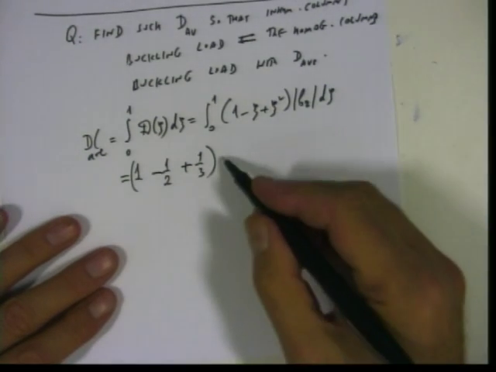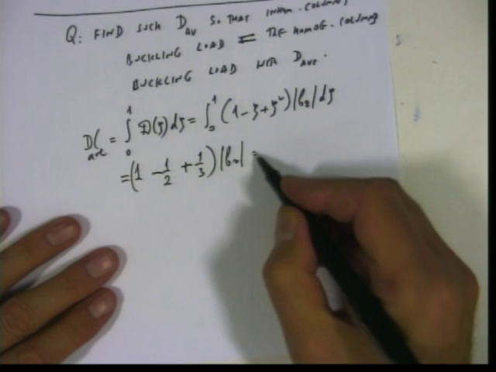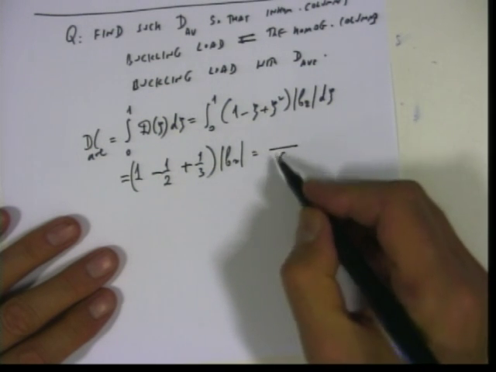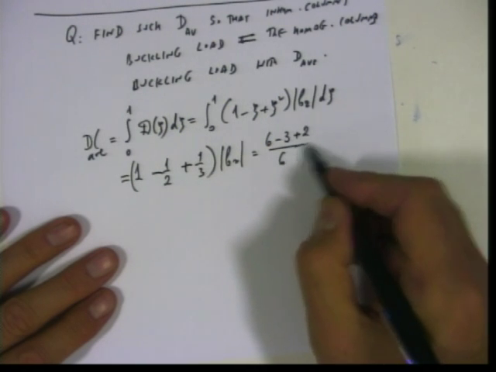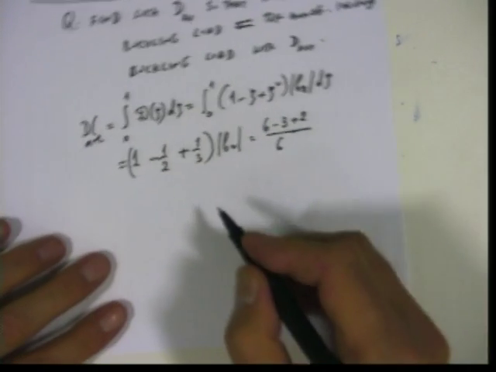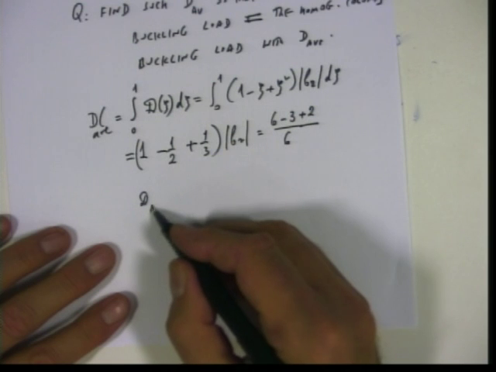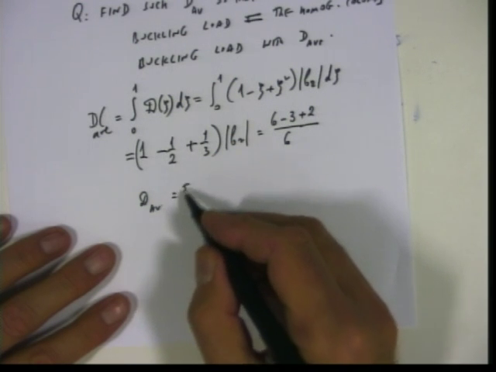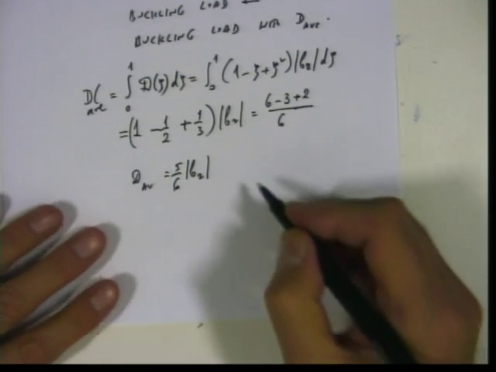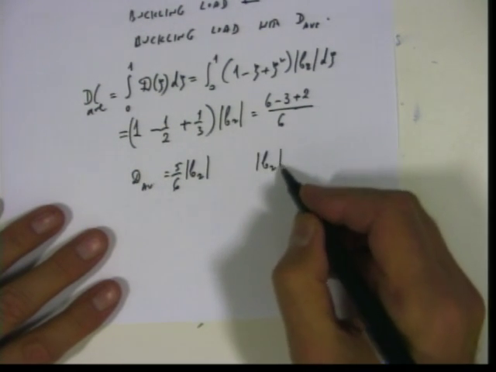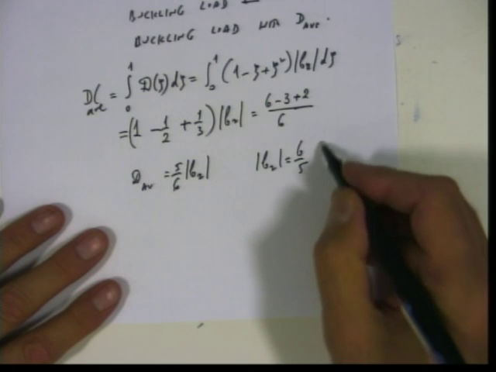And that is b2. So that equals 6 minus 3 plus 2, 8 minus 3, that's 5, 6. The average equals 5/6 b2. So we can write that b2 equals then 6/5 of the average.